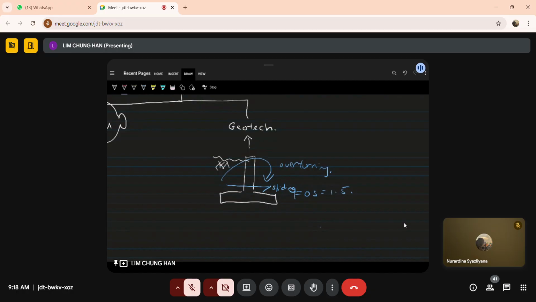Because when it overturns, it's going to put a lot of downward force in the soil at the right hand side. And then as you go towards the left, that force reduces because it overturns. You have to find out where the center of gravity is. It's going to look like this.